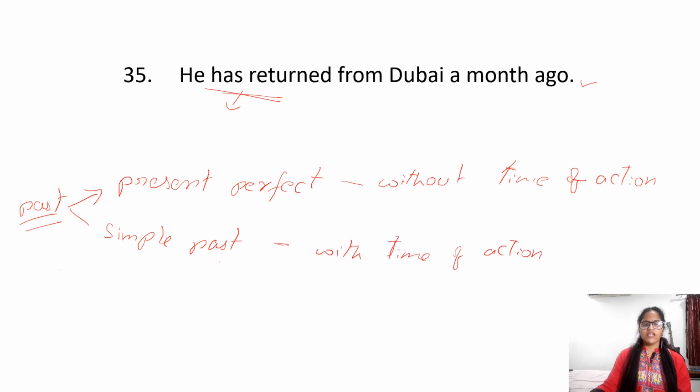When the time of action is mentioned, we should use simple past. So here he has returned. When did he return? He returned last month. So here the time of action is mentioned. We should use the sentence in simple past, not present perfect. To make it simple past, we should remove has. He returned from Dubai a month ago is the correct answer.